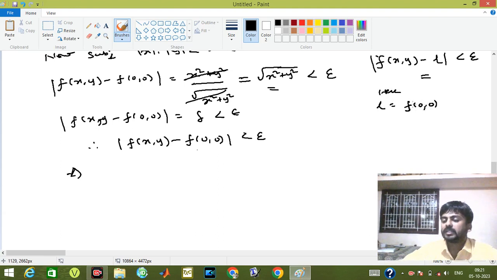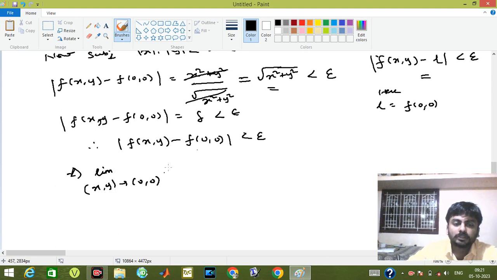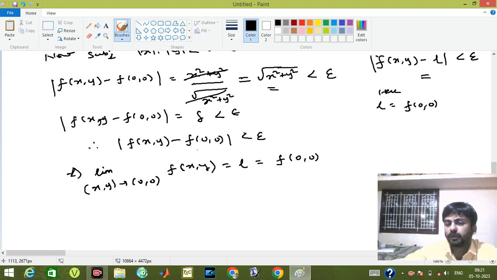So by definition what we know? Limit x comma y tends to 0 comma 0, f of x comma y is equal to L if the limit exists, that is equal to f of 0 comma 0. That is what we have written here.